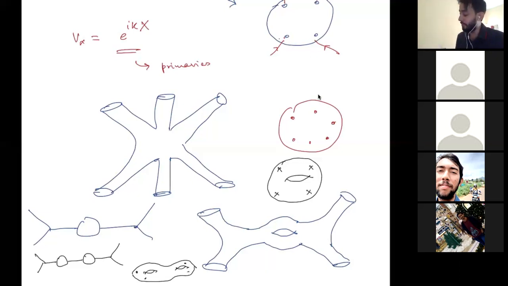You have to try and figure out how to understand CFTs on things with one hole, things with two holes, things with n number of holes. So the genus of these surfaces.